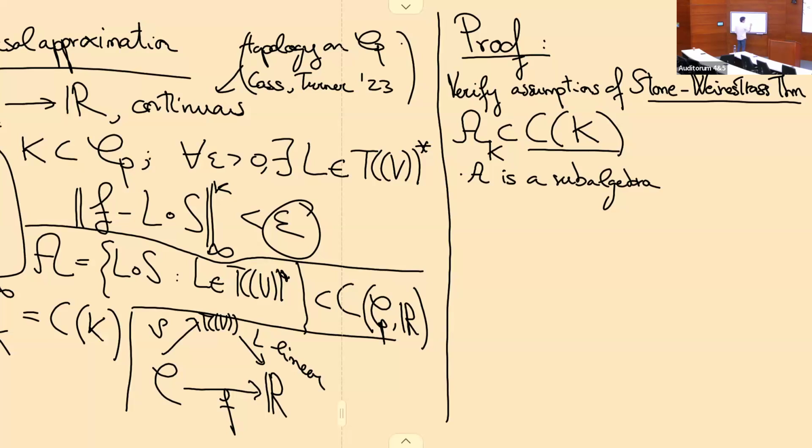I'll leave some space so that I can fill it in with the details. You also need that A contains the constant functions. And then you need A to separate points.